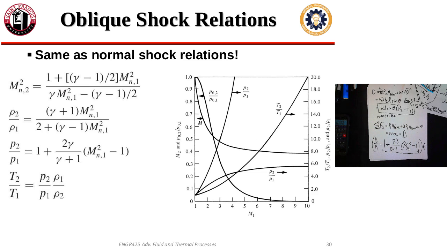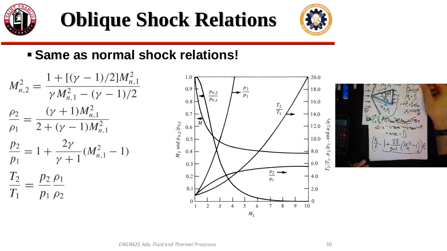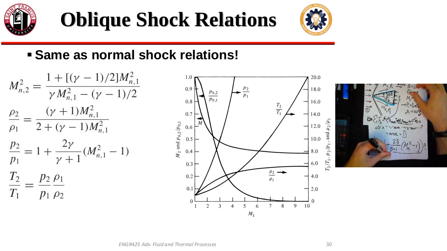P1 is what again? P1 is 1 atmosphere. Yep. So that means that P2 is 4.47 atmospheres. You got it.